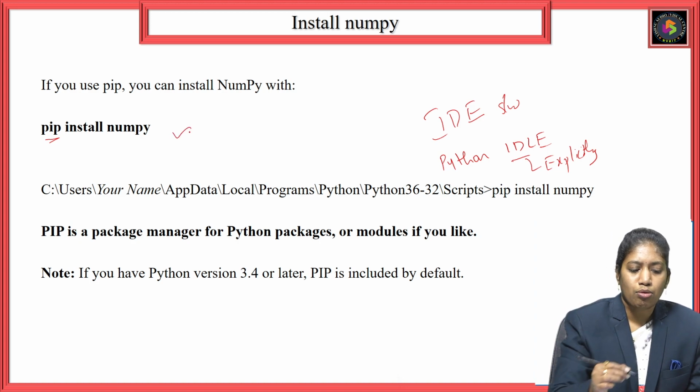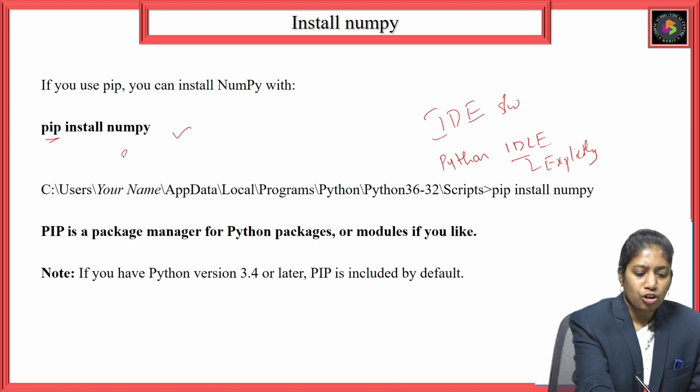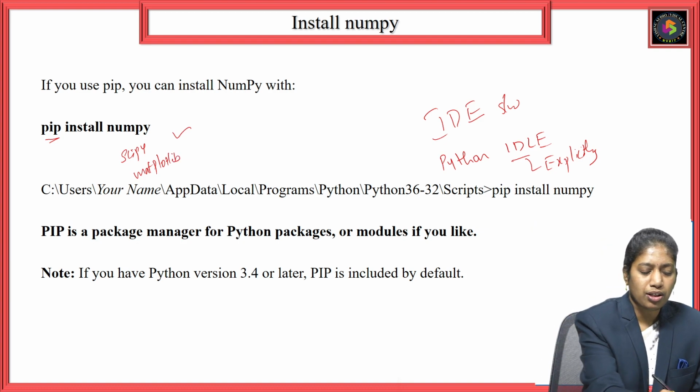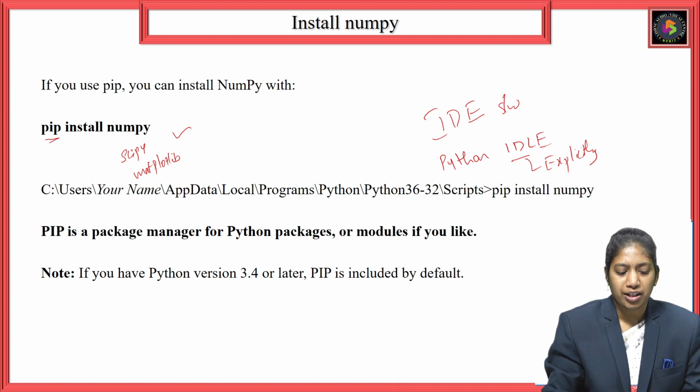This is the syntax: pip install numpy. Whatever the package, here you can use scipy, matplotlib. Whatever package you want to install, you can install using pip space install space the corresponding library name.